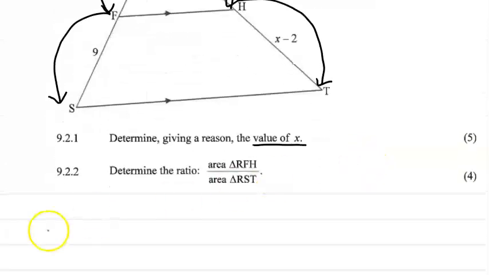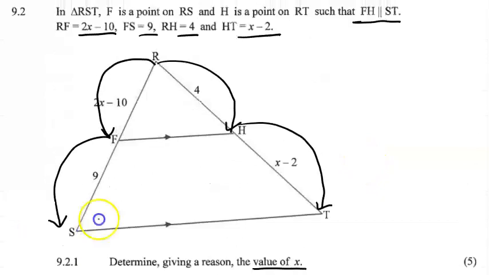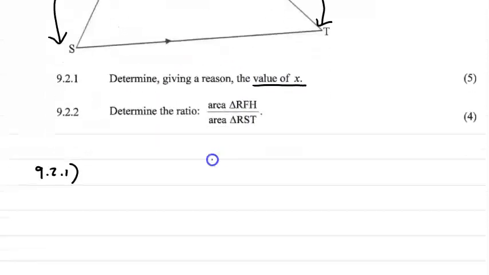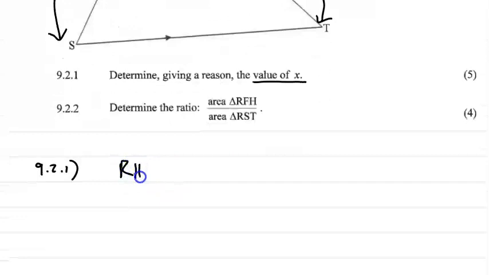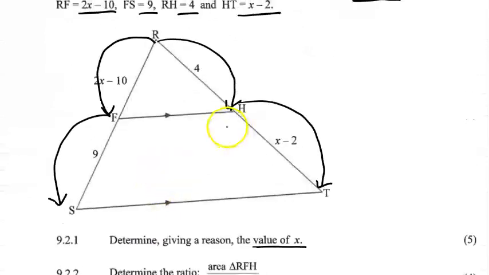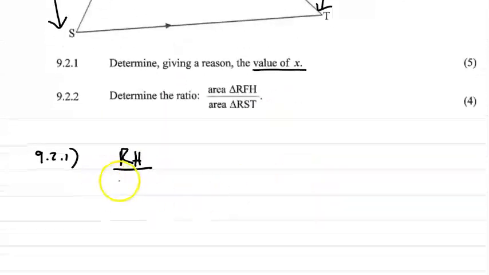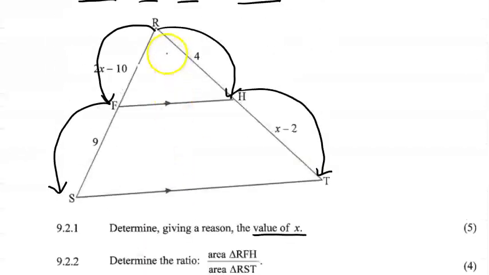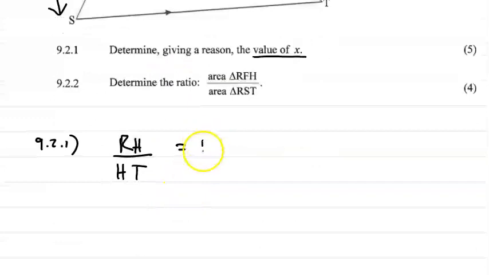Let's write that down. So 9.2.1. RH all over HT equals RF all over FS.